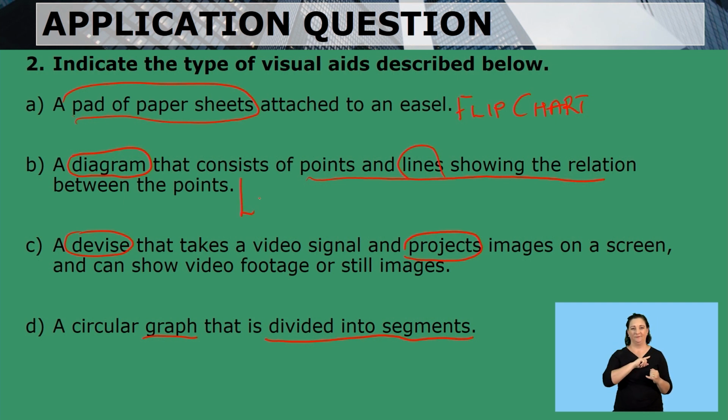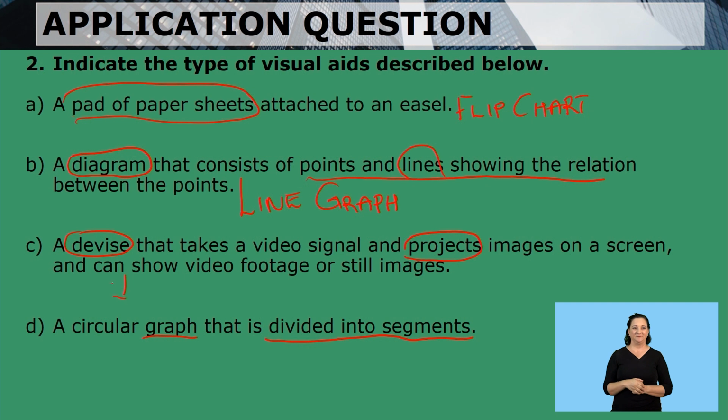The answer is a line graph. See, we're getting all right with this. A device that takes a video signal and projects images on a screen and can show video footage or still images. What could be the answer here? That's correct, a device that takes videos.